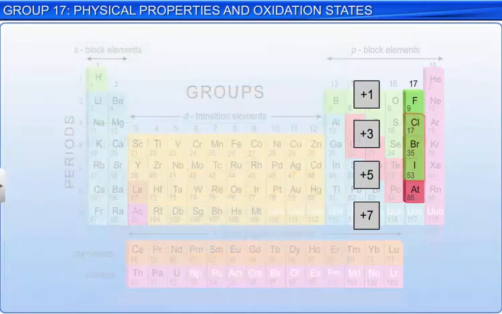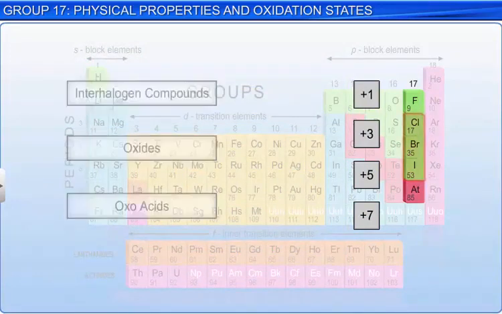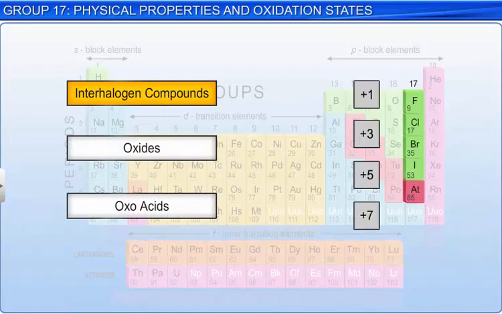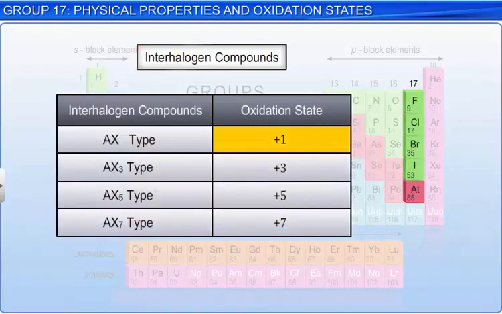The positive oxidation states of these elements are observed in some compounds like interhalogen compounds, oxides, and oxoacids. These elements exhibit +1, +3, +5, and +7 oxidation states in interhalogen compounds of AX, AX3, AX5, and AX7 types, as shown in this table here.